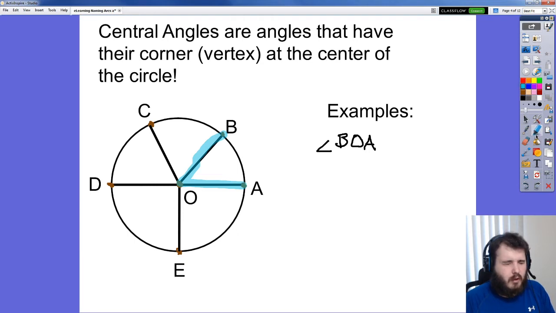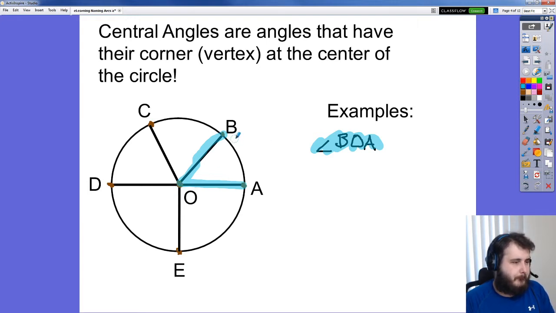Central angles are almost always going to be named with 3 letters, and the reason is because they all go through the center point right here.